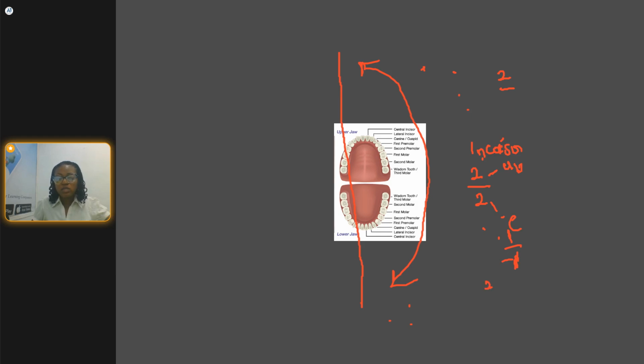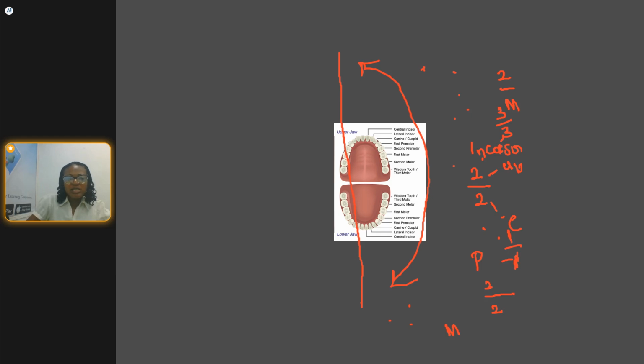So you have 2 over 2 for the premolar. All right. And for the molar, as you can see, you have 1, 2, and 3. So you have 3 over 3 for the molar.